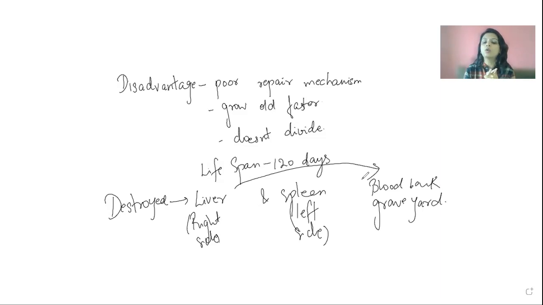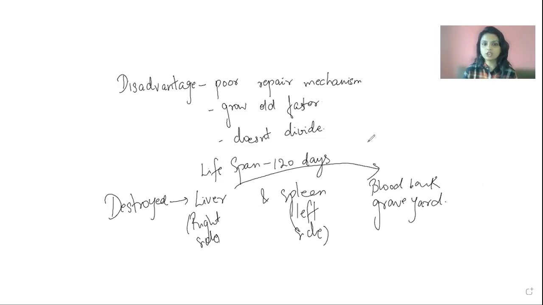Once the red blood cells become old, their flexibility is reduced. If the flexibility is reduced, they cannot easily move through the capillaries. So they'll get trapped, and because of that, they'll be killed.